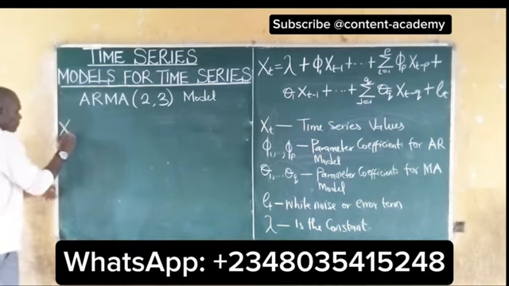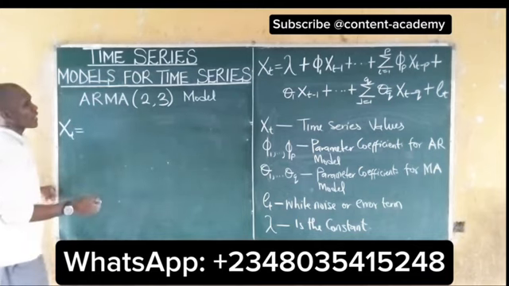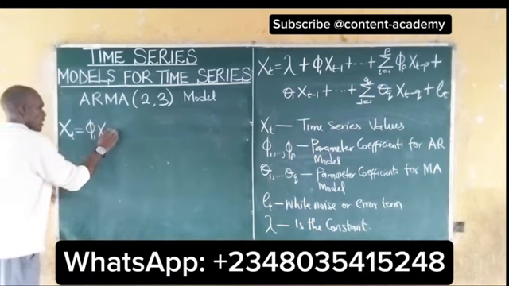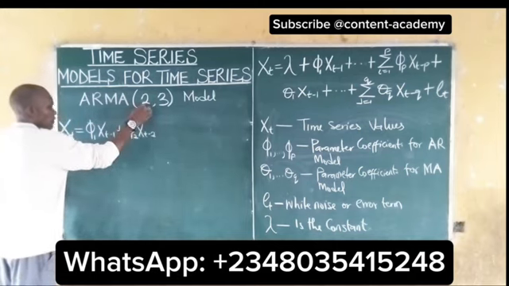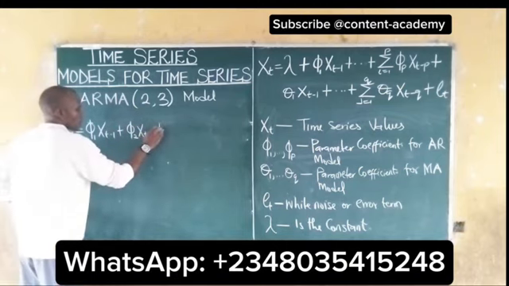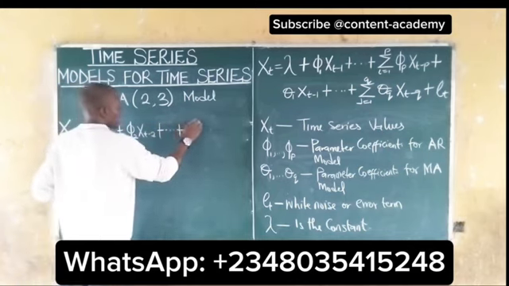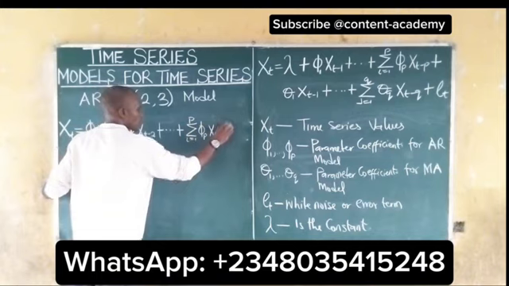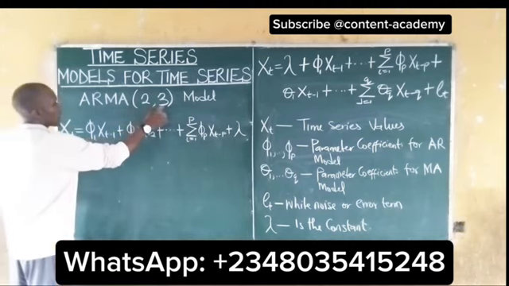First, our X_t is equal to, we can write first the autoregressive model, which is phi_1 X_{t-1} plus phi_2 X_{t-2}, plus, it continues, the summation of i running from 1 to p, phi_p X_{t-p}, plus lambda, plus we continue with the moving average.